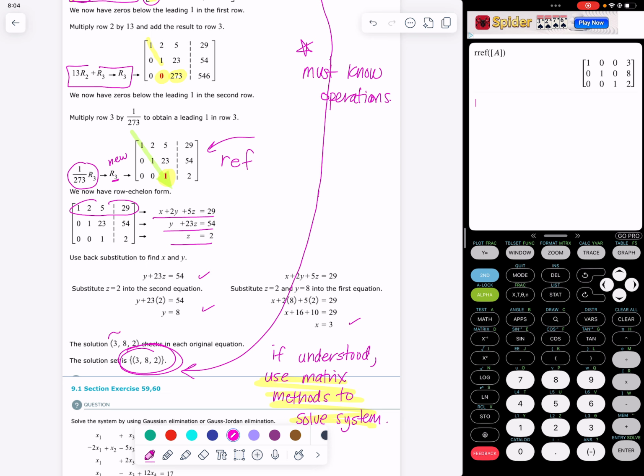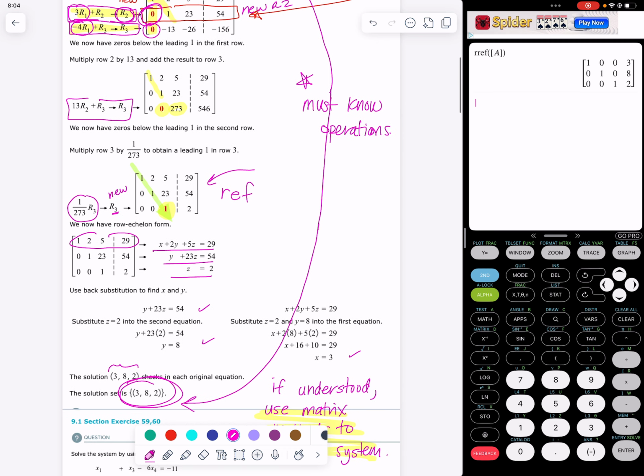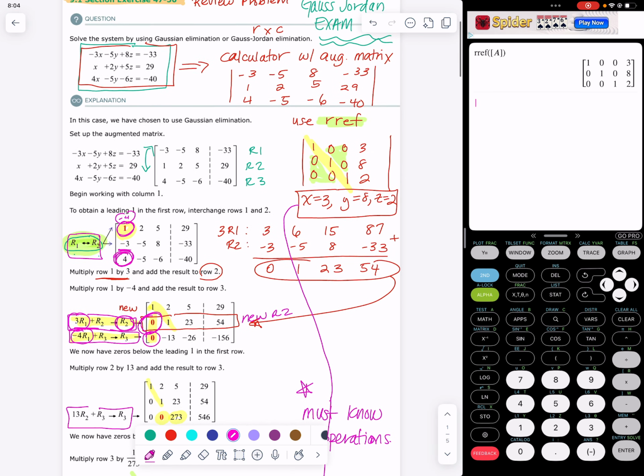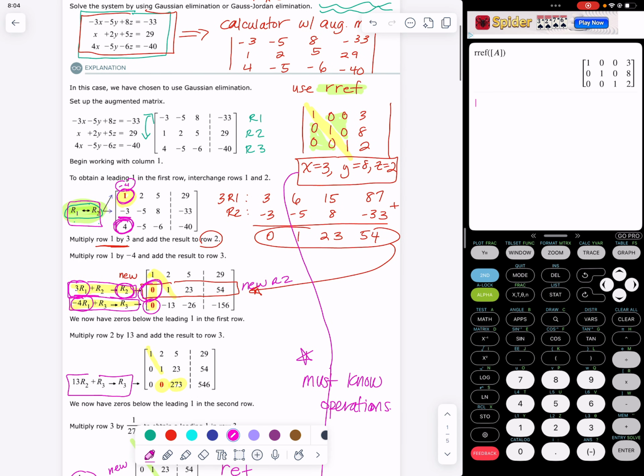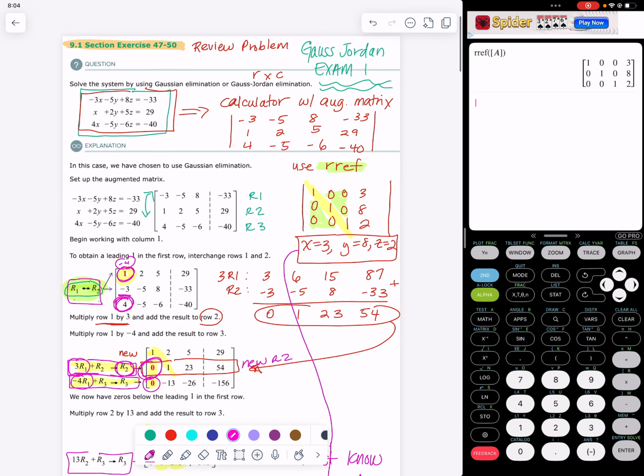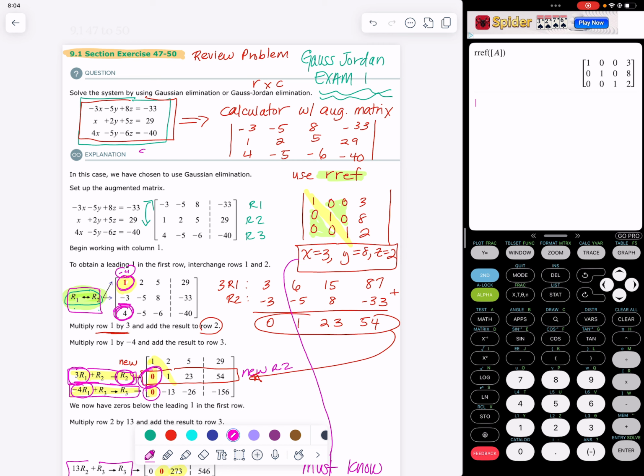And this is our ordered triple, okay? So make sure you enter this properly, and of course it will be reviewed. So this solution is going to be (3, 8, 2). That is our ordered triple. And that is the solution. And I will allow that.